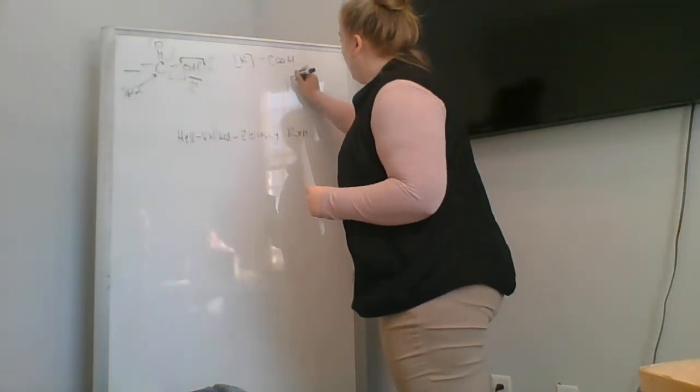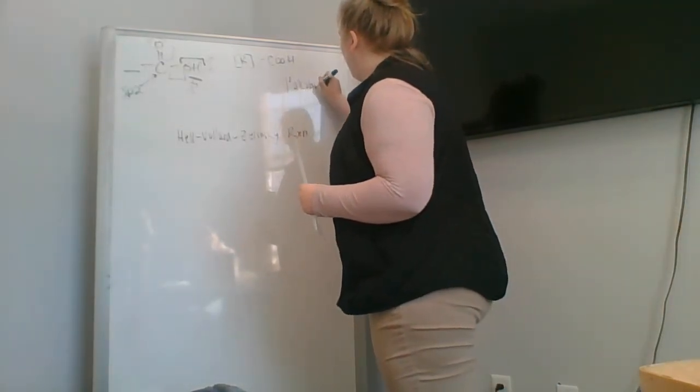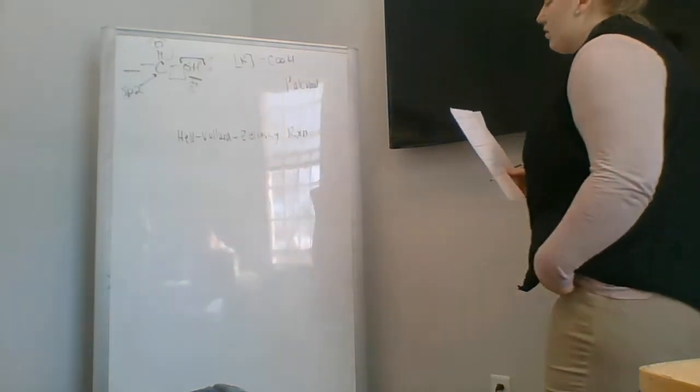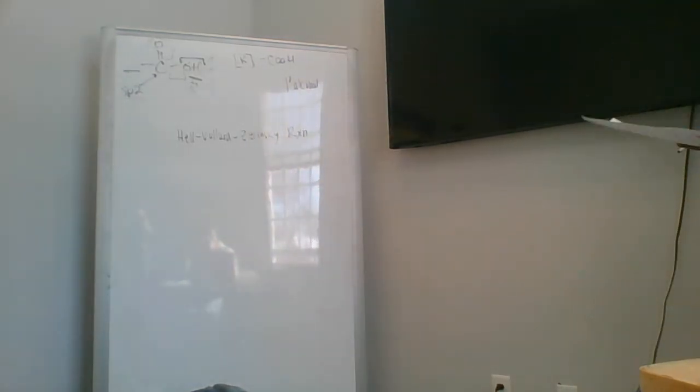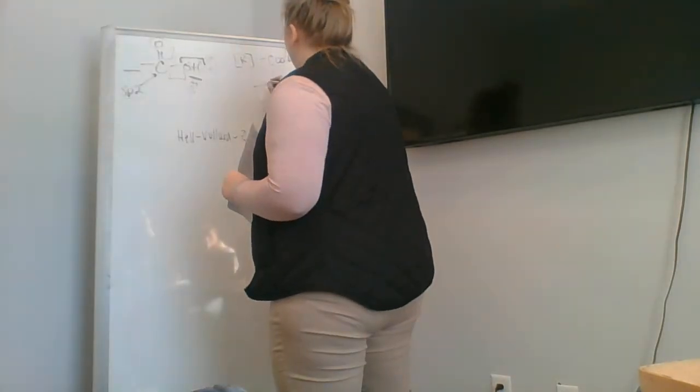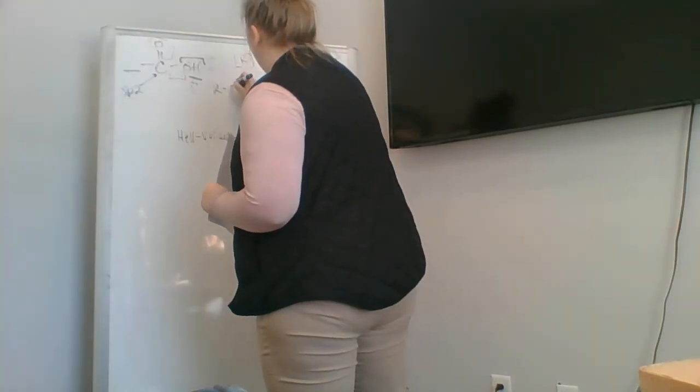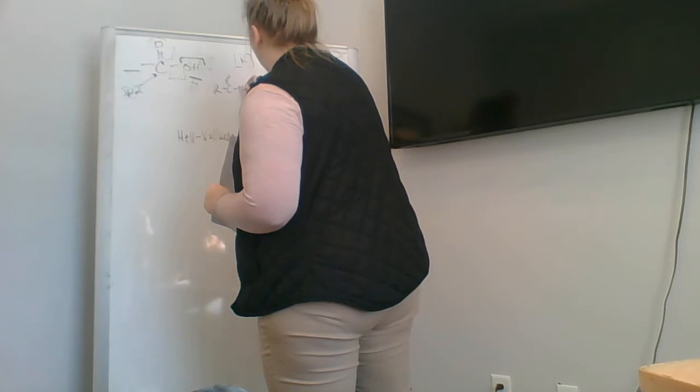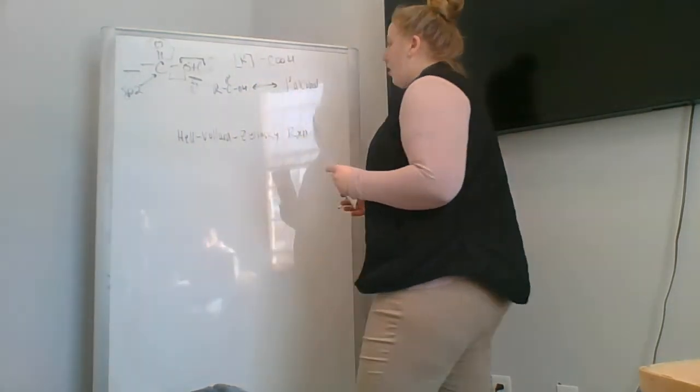Primary alcohol. Okay, this should be review from last semester. Essentially, you're reducing it to its most reduced state. And keep in mind, you can go back and forth from a carboxylic acid to a primary alcohol.